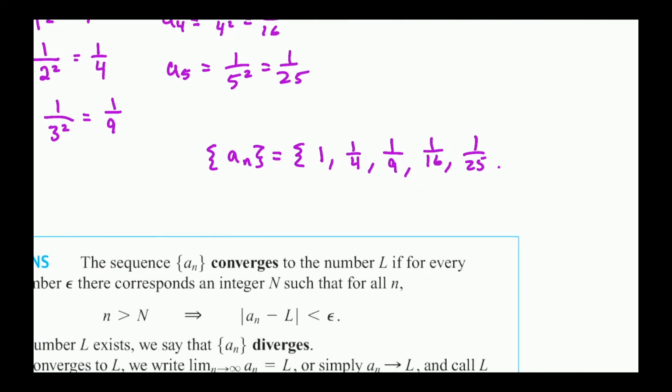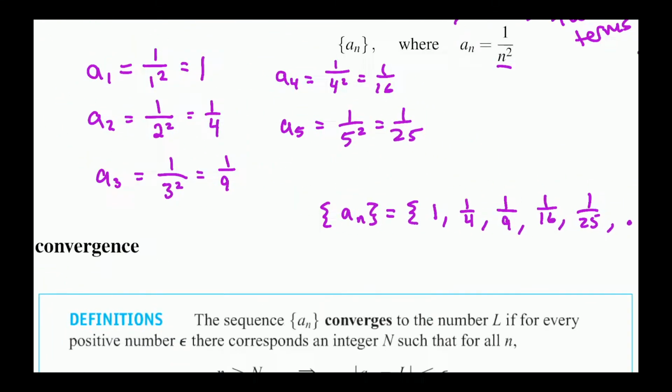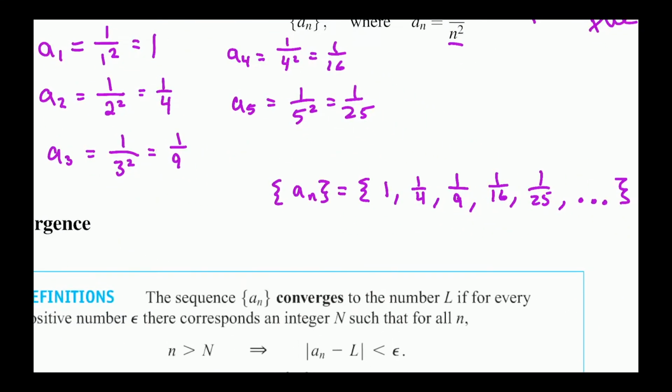And it keeps going, so you can put a ... on the end. Like that. And if your book does not use curly braces, then, well, your book would not use curly braces. So yeah, that's how you would do that. It's not hard. You're just going to use the formula. Okay.